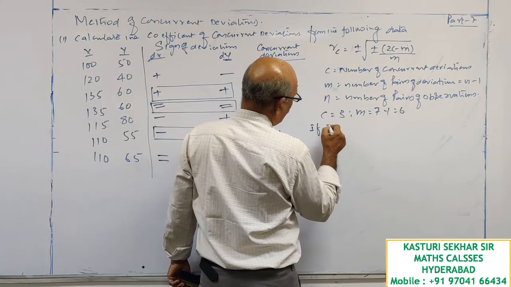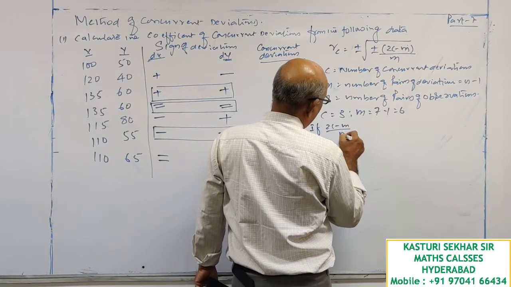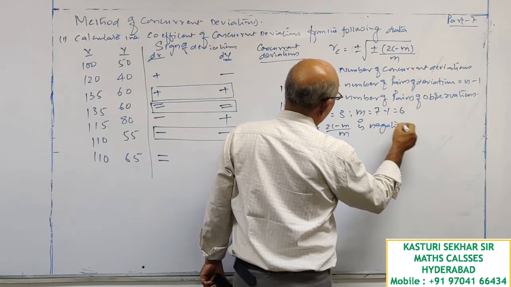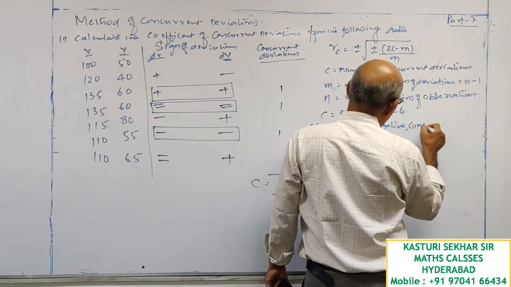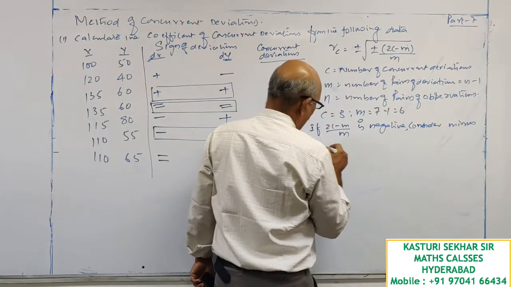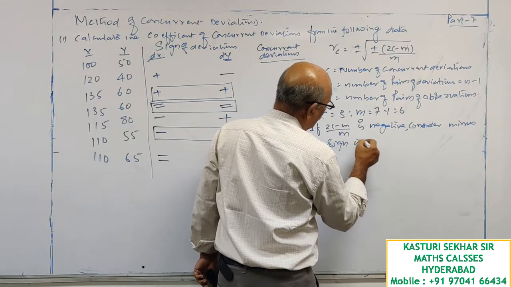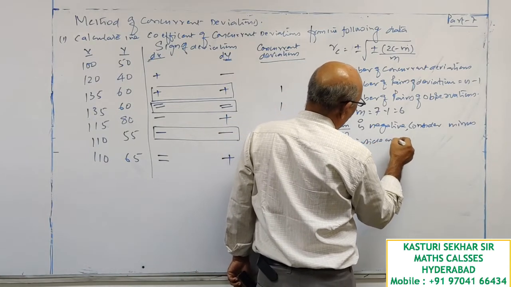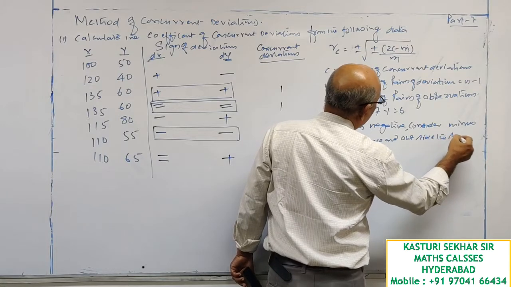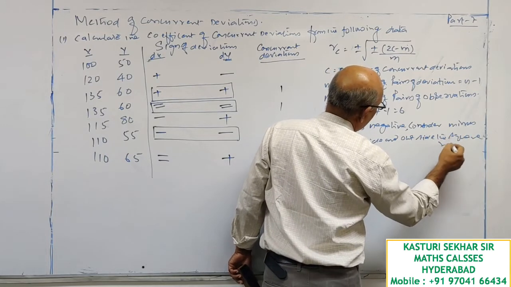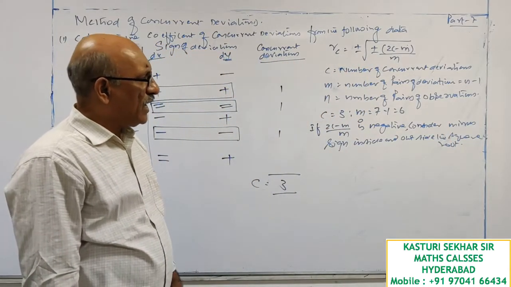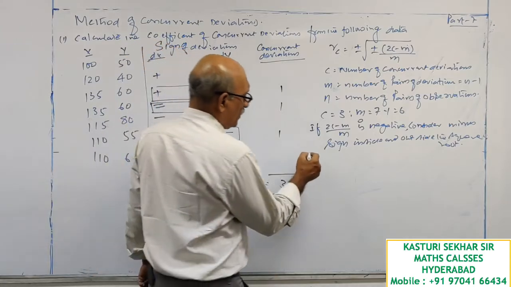So if (2C minus M) by M is negative, consider a minus sign inside and outside the square root.